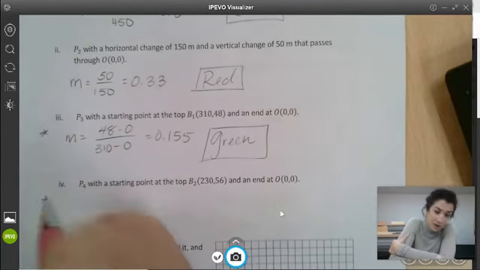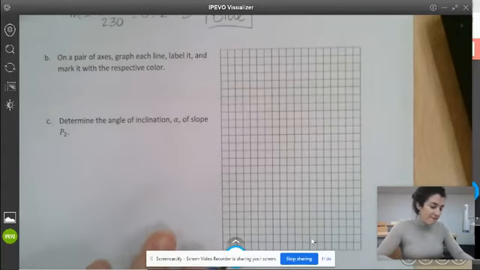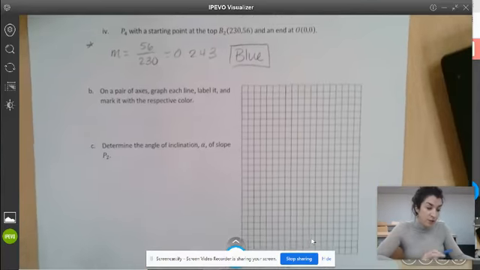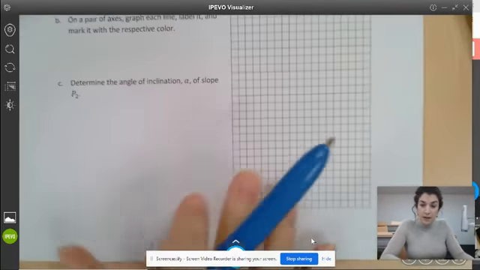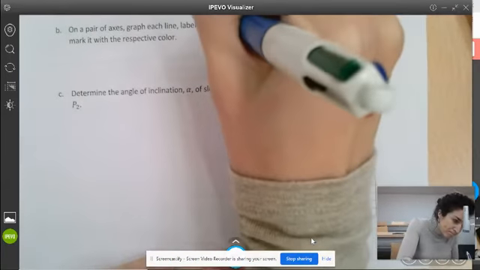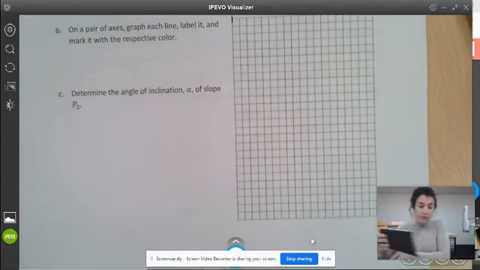Last one I would like for you to do on your own. Okay, so we are going to graph all of these slopes on this right here. We've got only positive values.